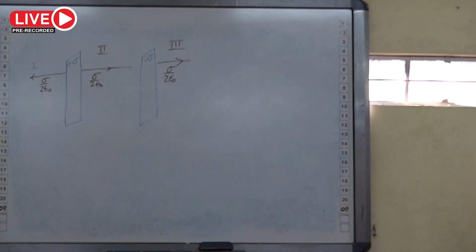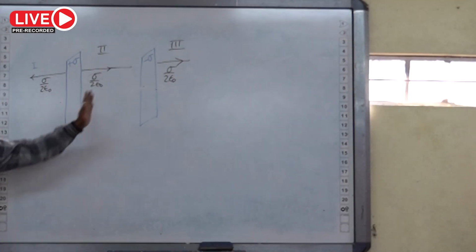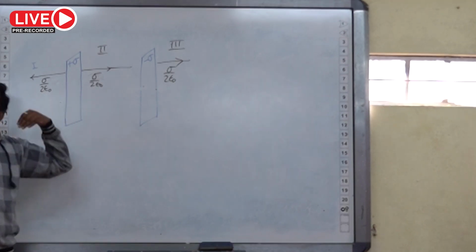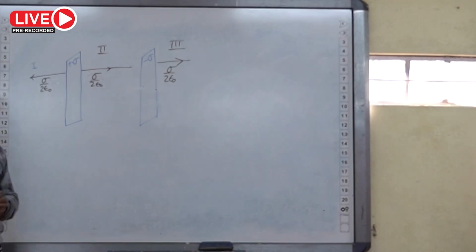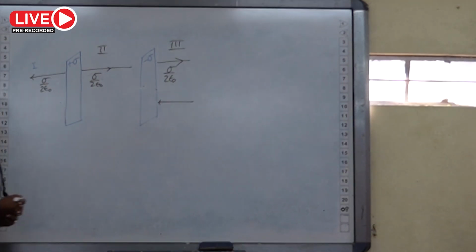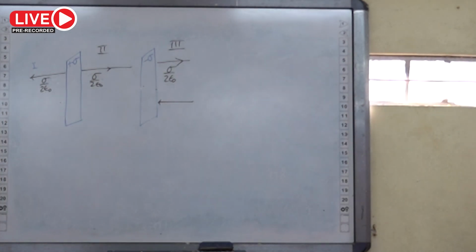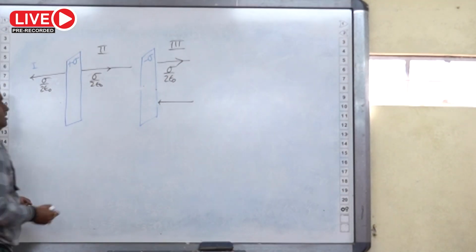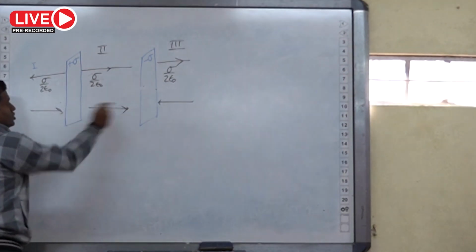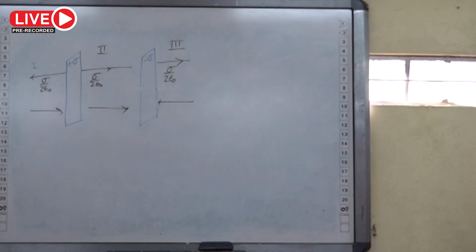Now, consider only the negative charge plate is present, positive plate is removed. Now what happens? In this region, field lines go towards the plate, because for negative charge the field lines come to the charge. In this region it is going towards this plate, and in this region it is also going towards the negative plate.